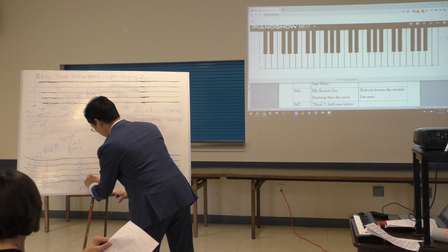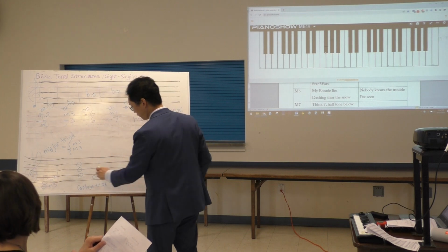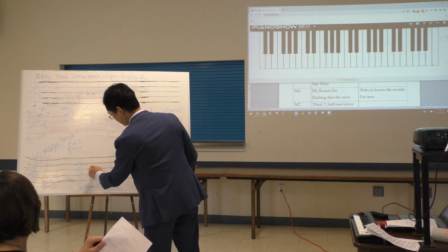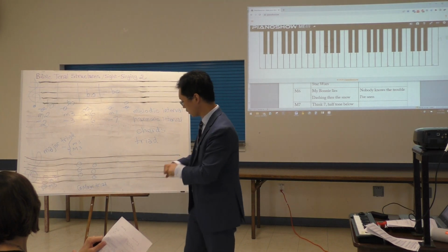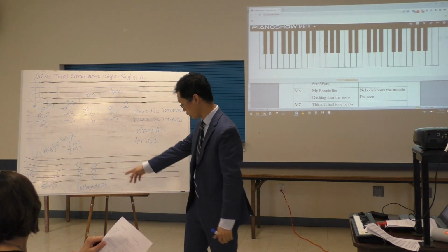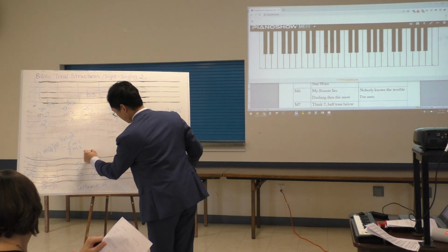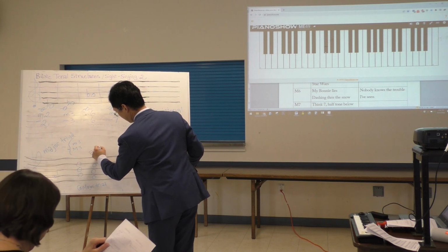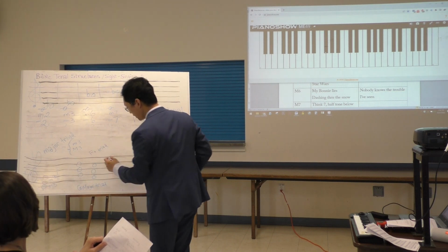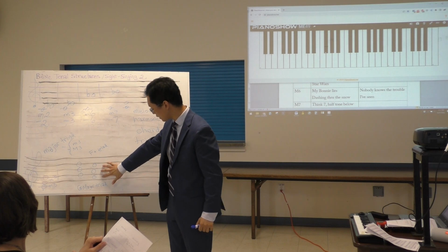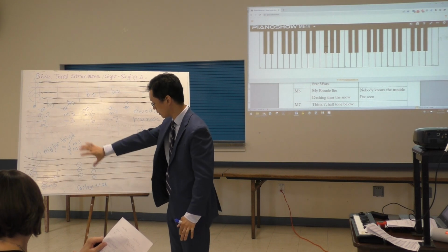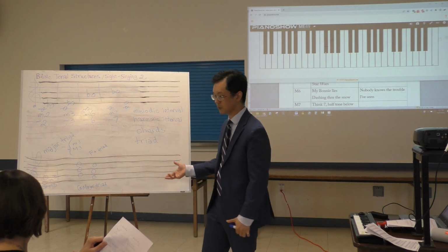Okay? And if you work it out on F, it also turns out that if you create an F major triad, you also don't need to use any accidentals, and you're still basically using the notes of C major.